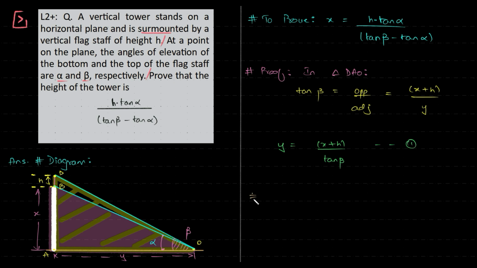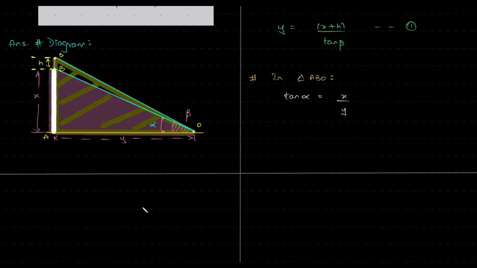Okay, then which is the other triangle? In triangle ABO, so what do we have? We have tan of alpha is equal to x divided by y. Here we have to substitute y and then solve it. So basically this is rearranging and all of that. Let me go to the next line itself.